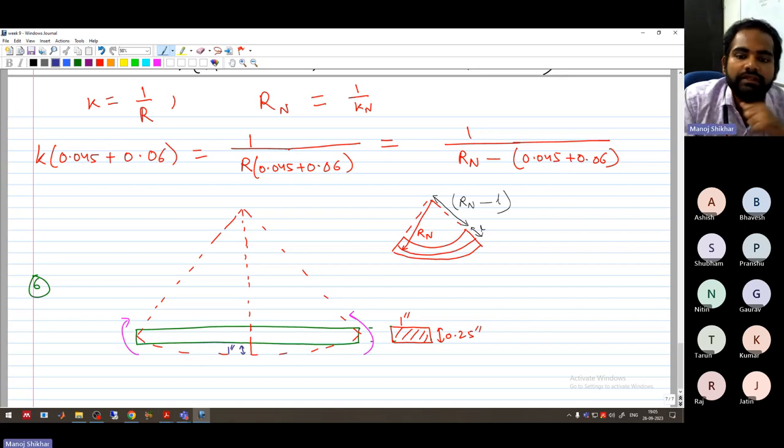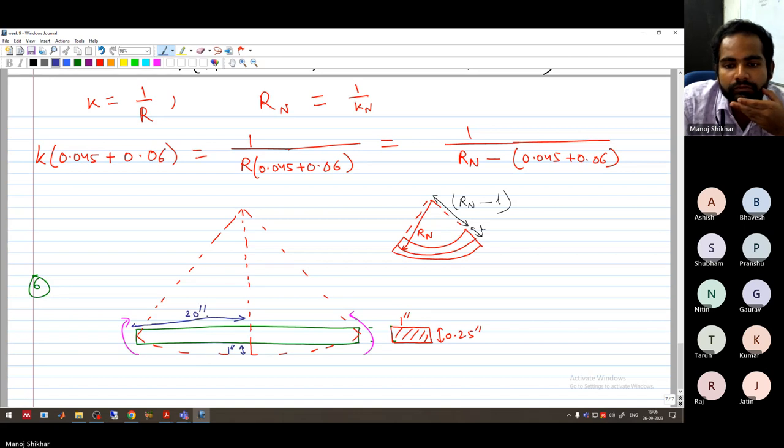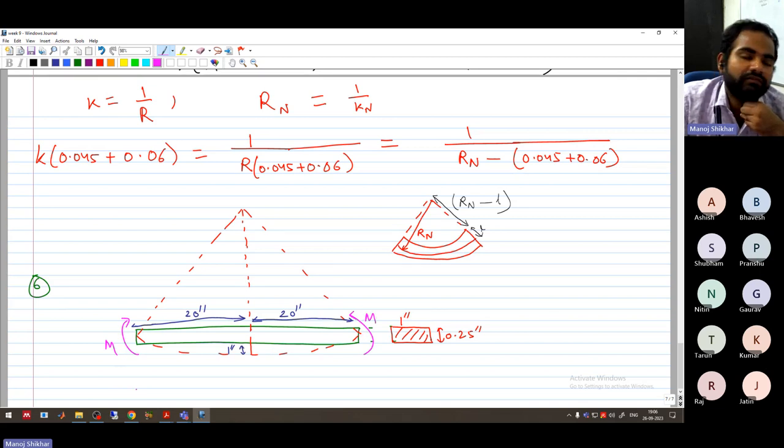They have given us that the total length was 40. So this is 20, and this is 20, right? And we have applied some moment. And because of that moment, this deflection is there, 1 inch deflection is there.